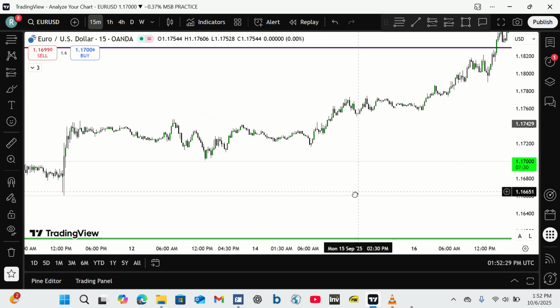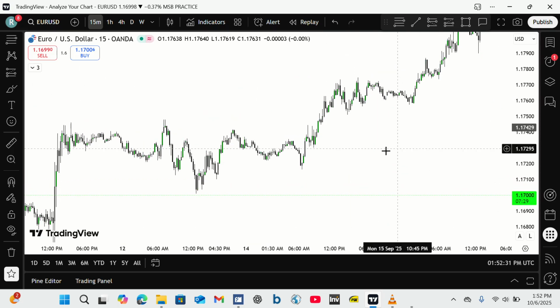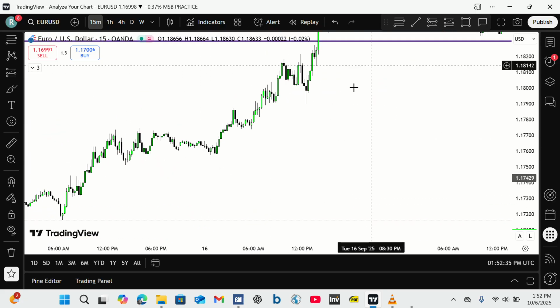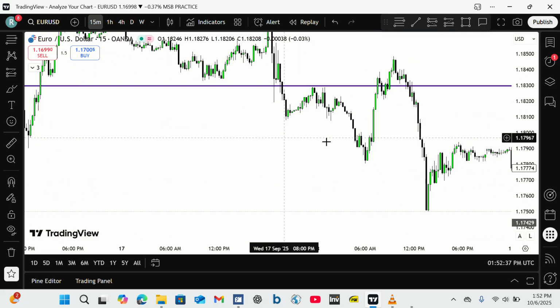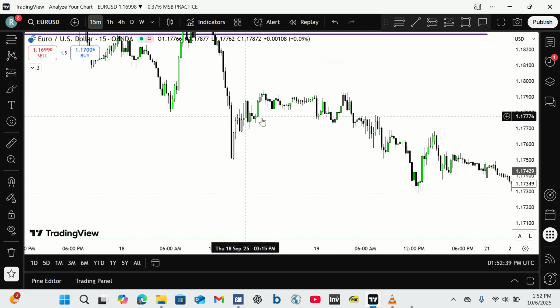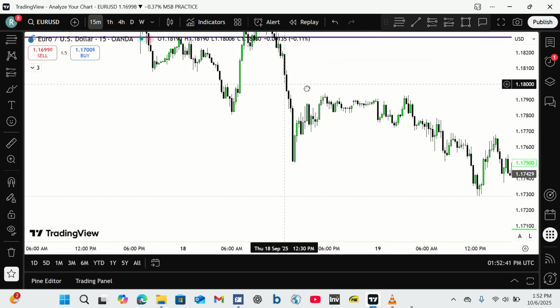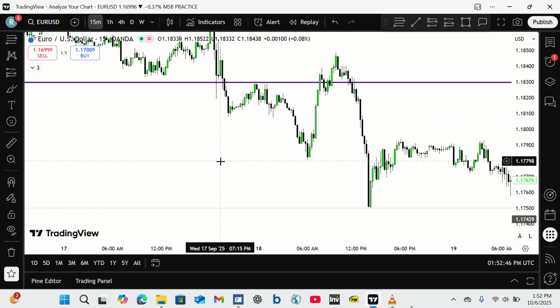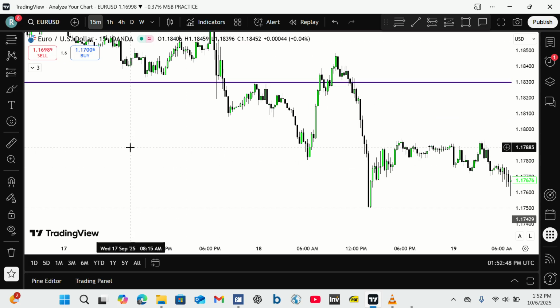But when I started with ICT, I've come to understand that not all of them do, but most support and resistance levels are actually key levels. And the key levels are the 12 months.